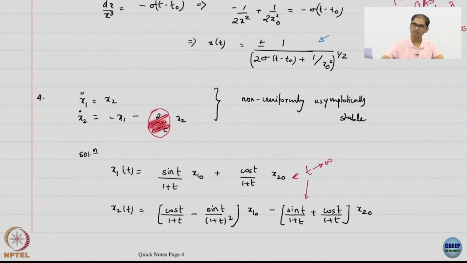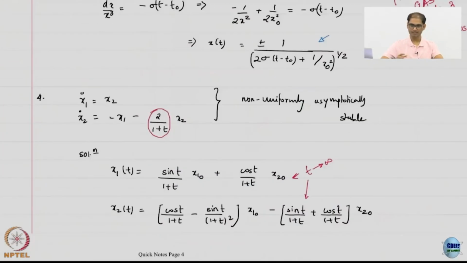But all I did was introduce some time varying quantity here, and it so happens that the solutions look like this. It turns out that it is non-uniform asymptotically stable. So basically you do not have uniformity in this case.